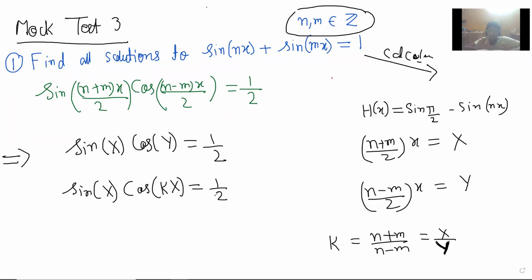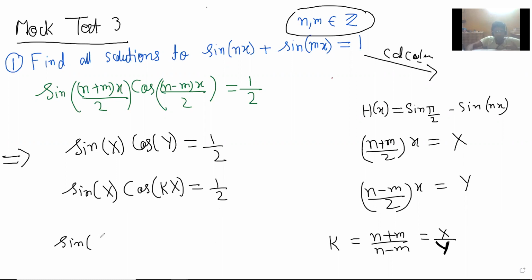So now, does it say anything interesting? Sin x times cos kx is equal to half, where k is a rational number bigger than 1. Just try to think about this. I don't know how to solve this.